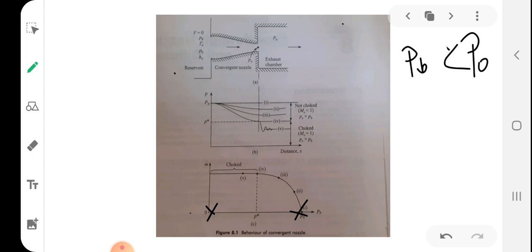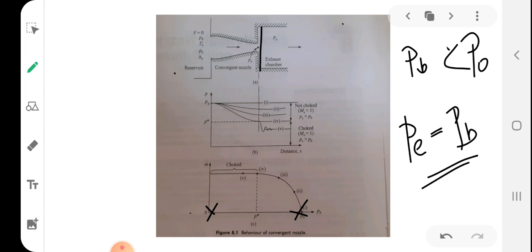A slight decrease in back pressure induces a flow through the nozzle. The flow rate will be such that the nozzle exit plane pressure PE will be equal to PB. That PE means the pressure along the exit plane of that nozzle, which will be equal to the back pressure itself.